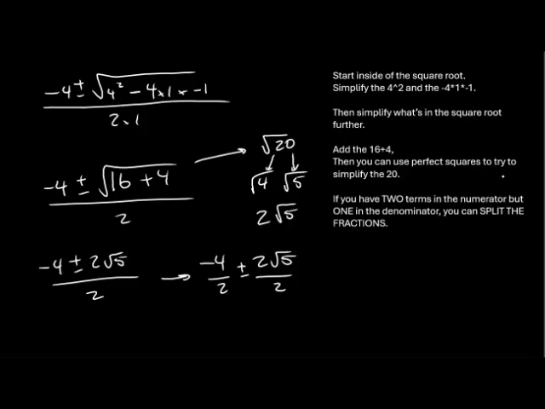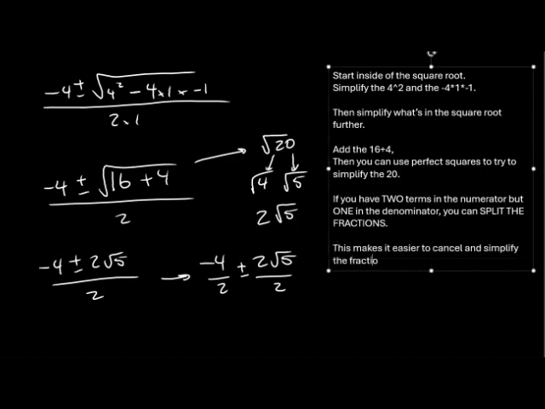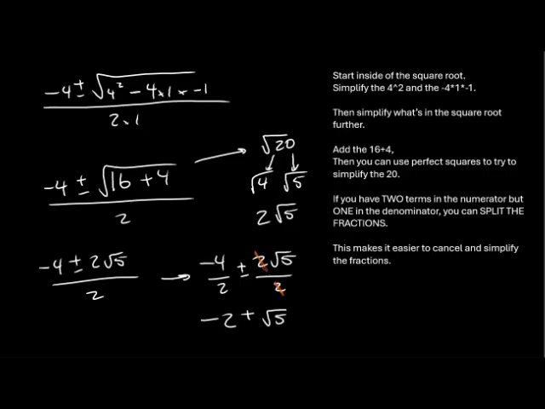Once you've split the fractions, you may be able to see that you can cancel these fractions down. Negative 4 divided by 2 is negative 2. 2 root 5 divided by 2 will allow us to cancel the 2 in front of the root 5 and the 2 on the bottom out and give us square root 5, and we write plus or minus in between.